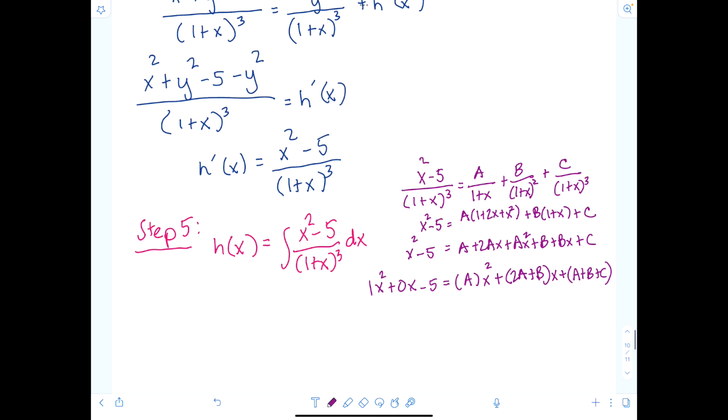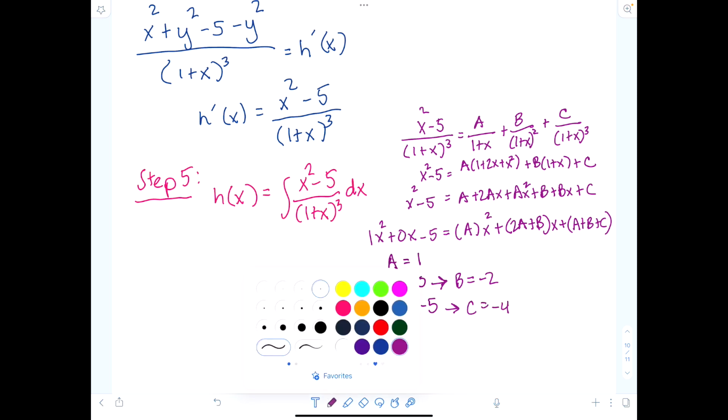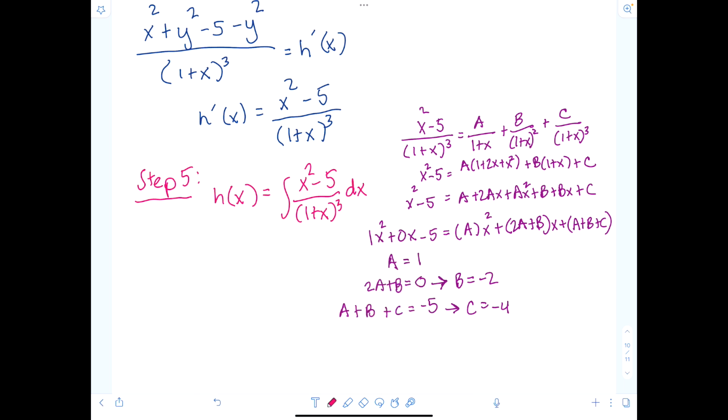Equating coefficients, a will equal 1, 2a plus b is going to equal 0, and a plus b plus c is equal to negative 5. Substituting in a equal to 1 into the second equation and solving for b yields b is negative 2. Substituting a is 1 and b is negative 2 into the third equation gives us that c is negative 4.